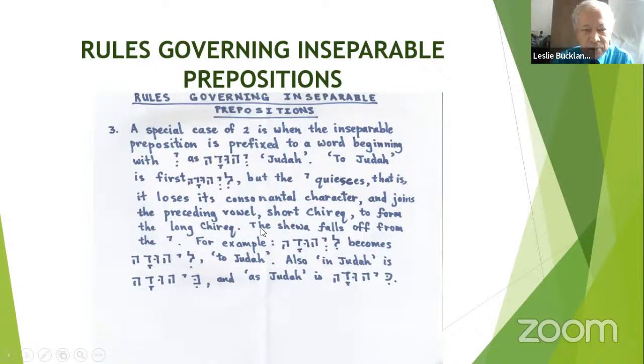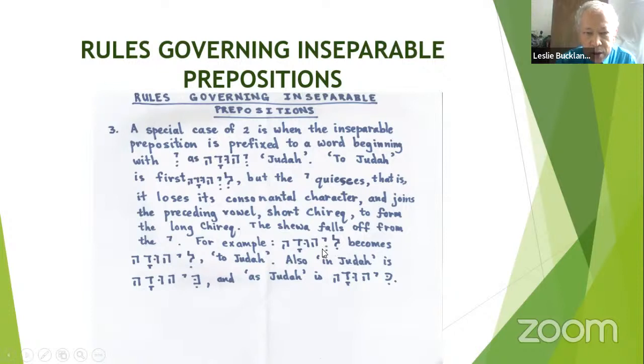The schwa falls off from the yod. Let me illustrate with this example. For example, you have li Yehutha, to Judah. It becomes, well, what happens? The yod becomes silent, so it's not pronounced.